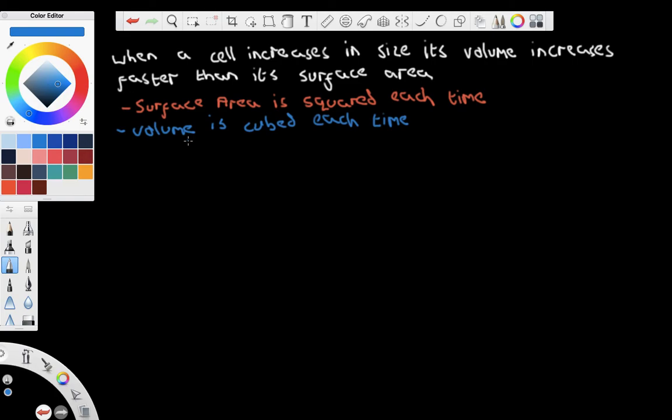When there is more volume than there is surface area, diffusion is longer.